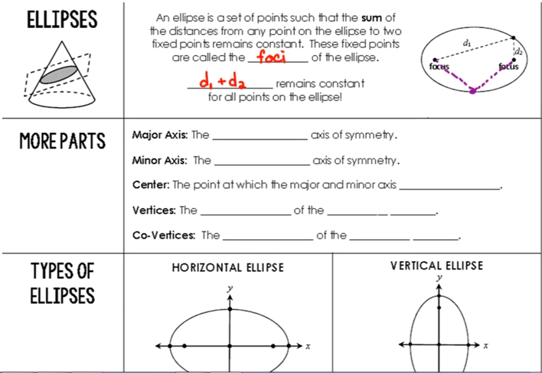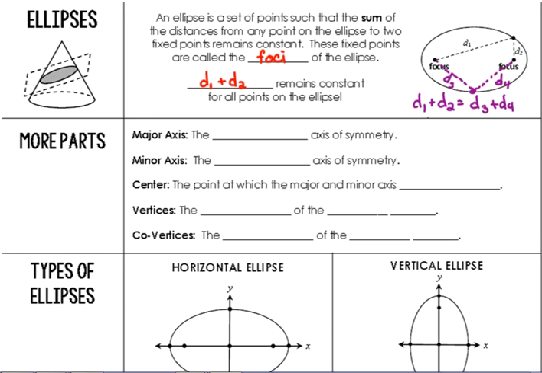I'll call them d sub 3 and d sub 4 because they're different than the original ones. But when I add them together, they are the same as the sum of distance 1 plus distance 2.